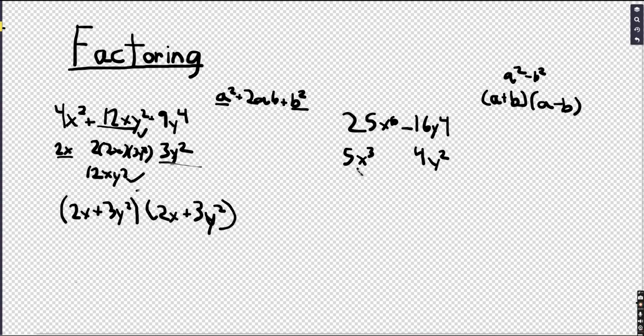So if we know what our a is, and we know what our b is, we know that 25x to the sixth minus 16y to the fourth is equal to 5x to the third plus 4y to the second times 5x to the third minus 4y to the second, okay?